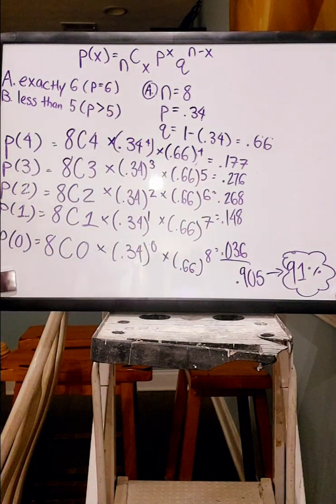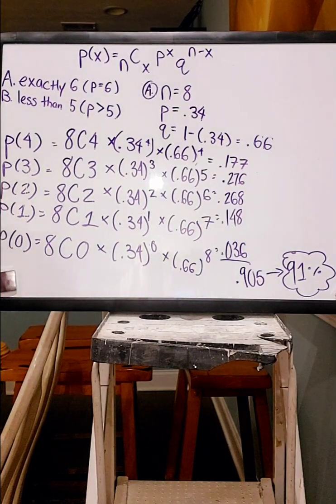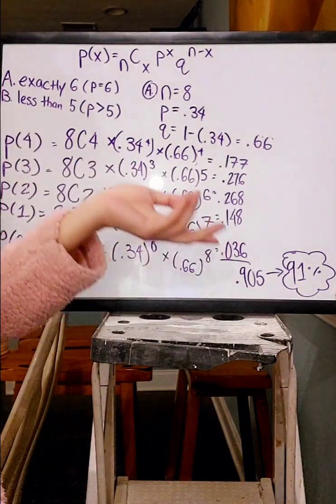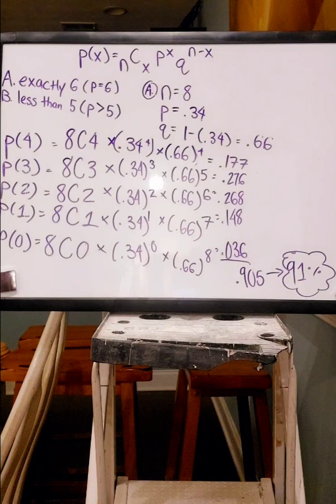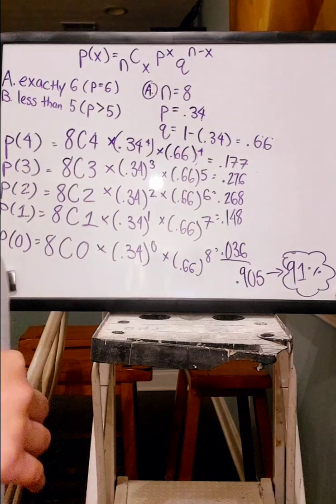I decided to add them all, and I got 0.905, which is 3 decimal places. So I rounded it to 2, and it can be up to 91%. So in English, we can interpret that as there being a 91% probability of there being less than 5 people who have very little faith in the newspapers.